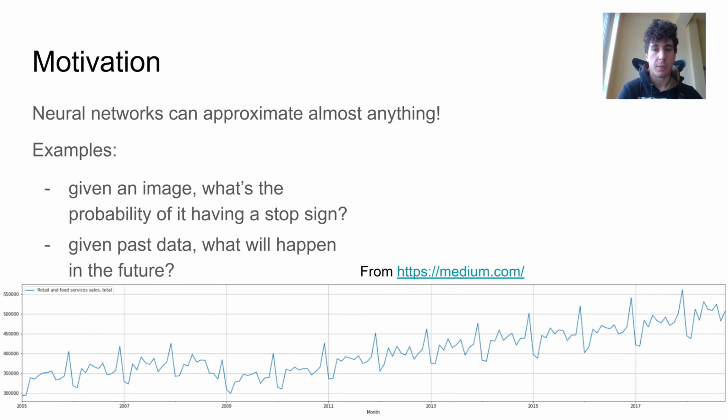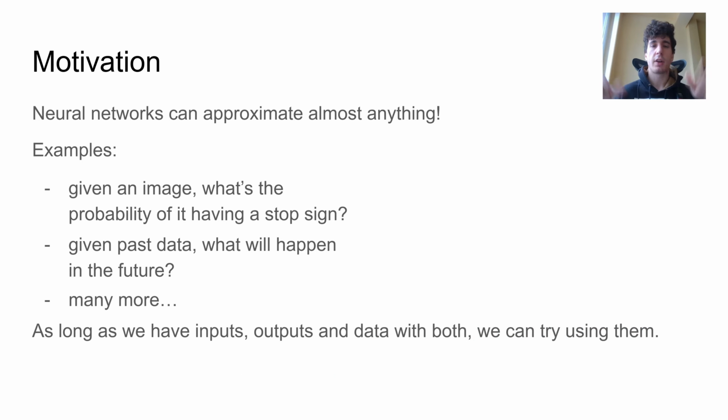Another problem which can be solved with neural networks is estimation, like in the future, what will happen to some values given the past values and maybe some other inputs. And the list goes on and on. Anything that you want to estimate and you have data for it, I mean, you know both inputs and outputs for some examples, then you can use neural networks to automatically learn the relationship between inputs and outputs.